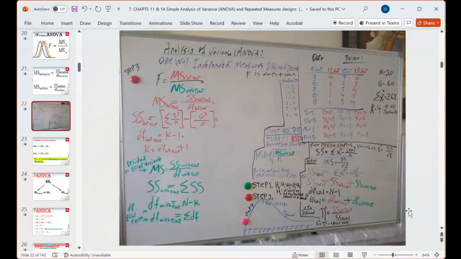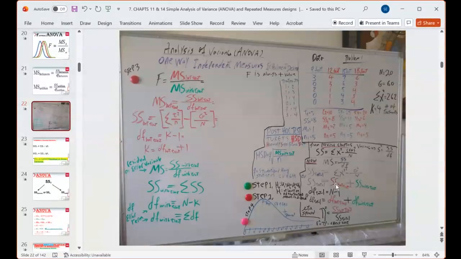But now we have MS between and within, which would be SS between over DF between, and MS within would be SS within over DF within. We have two SS, between and within. You add them up, you get SS total.